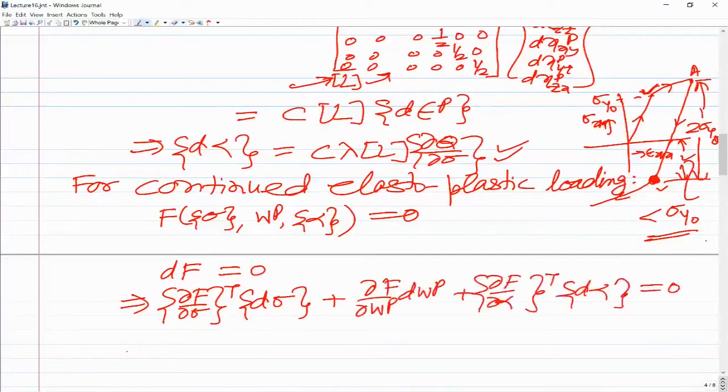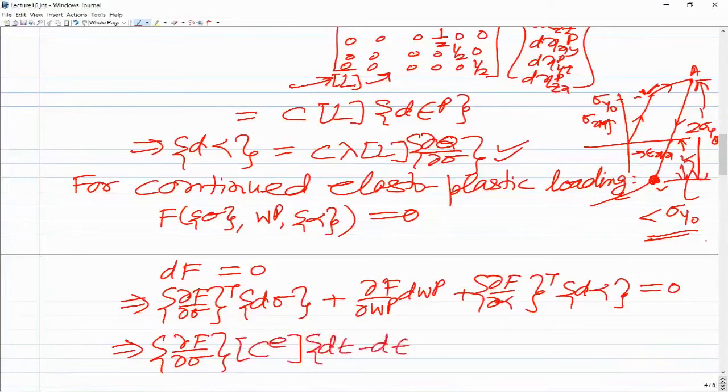Now we want to write d sigma. Del f by del sigma is the gradient of the yield function with respect to sigma, and d sigma we have already said can be written as C into d epsilon minus d epsilon p.